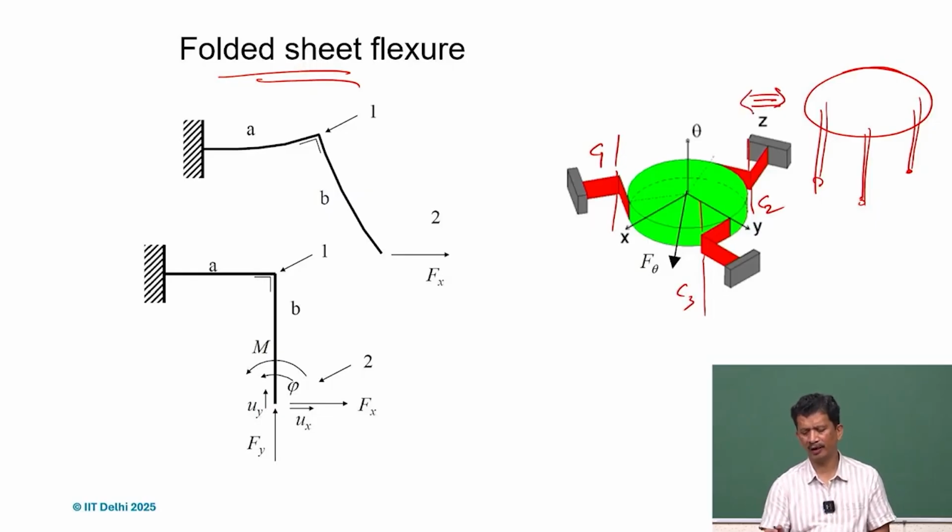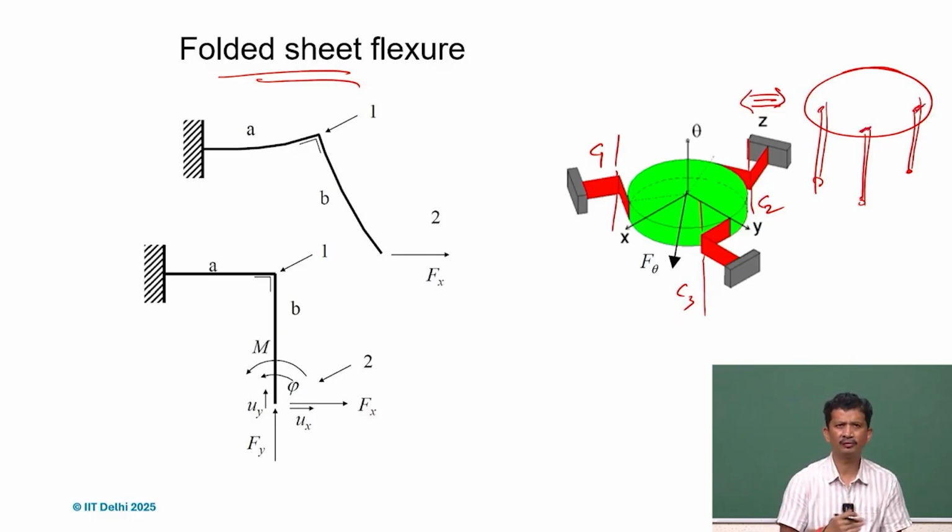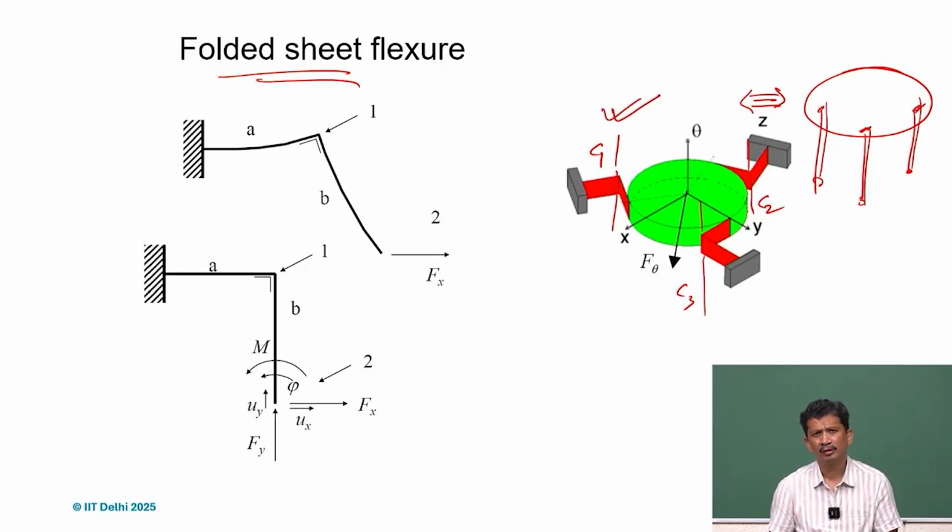Of course, if we have the flexure members here and try to use them, they will flex, and similar to a parallel guidance system, we also realize there will be a shortening effect if there is any deformation. One good thing about using folded sheet flexures is that we don't have that shortening effect because it's still floating. So the plane will remain there, and so we can achieve a planar motion, and we can get x, y, and theta motion.